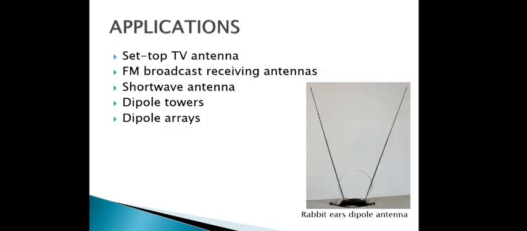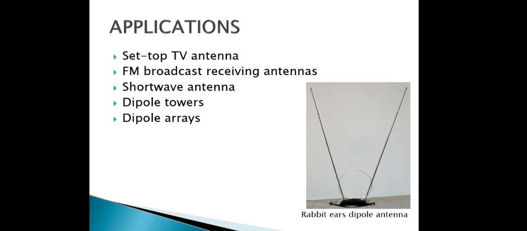So now, what are the applications? First, what are the advantages? It matches well with the transmission line impedance and has a reasonable length, and the length of the antenna matches with the size and directivity. Those are the advantages.